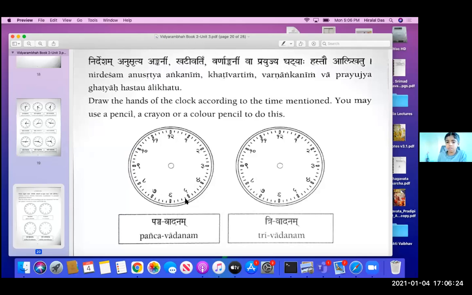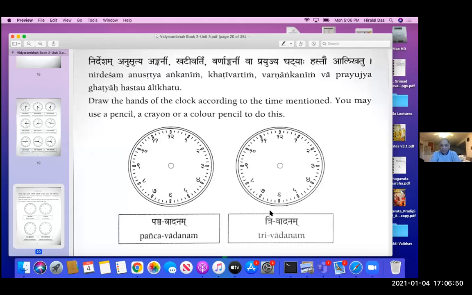So Panchvadanam, full hour, the long hand faces 12. Okay, Ramchandra? Yeah, Panchvadanam. So the short hand comes to the 5 and the long hand goes to the 12. You got it? Panchvadanam, short hand 5, long hand 12.